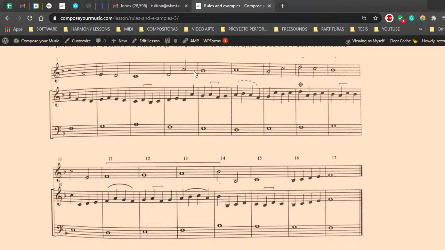Now, the leap is the most important, the most relative feature of the part. D, prolonged. The leap changes abruptly the range of the melody.